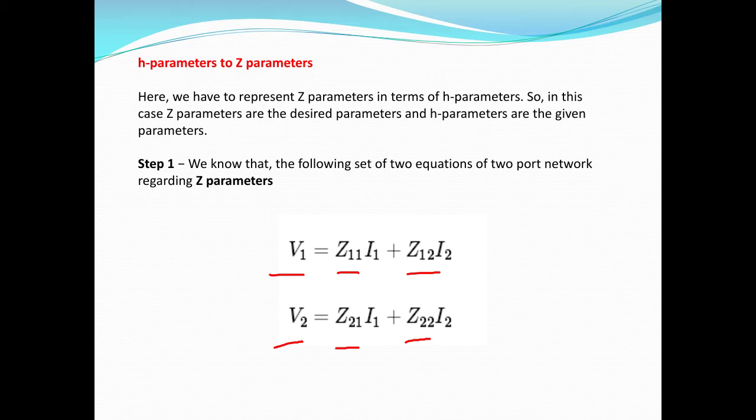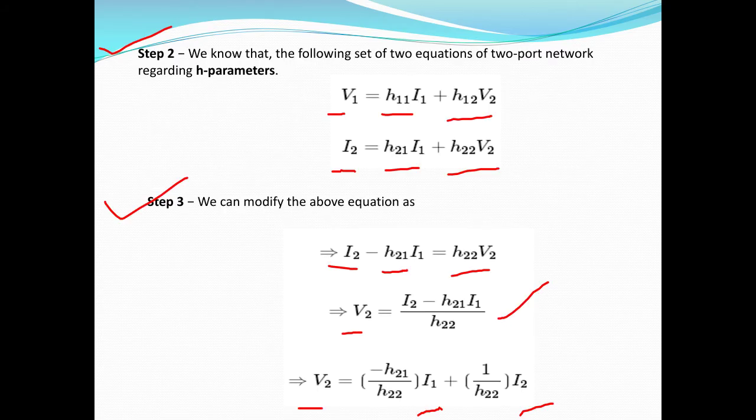These are the voltage equations at port 1 and at port 2. Now in step 2, we know that the following set of two equations of two-port network regarding H parameters are V1 is equal to H11 I1 plus H12 V2 and I2 is equal to H21 I1 plus H22 V2.